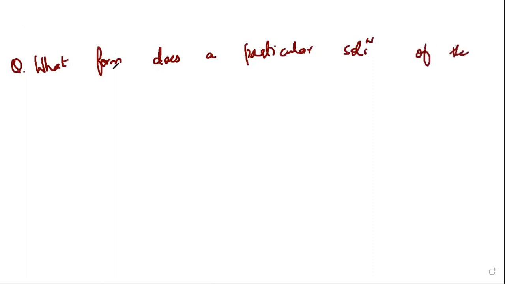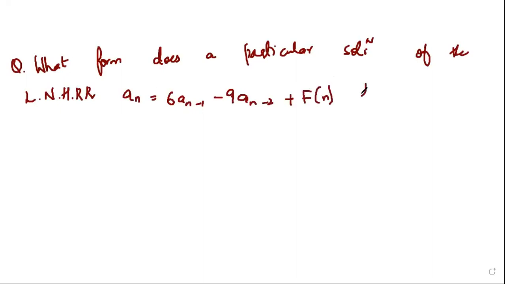Question is, what form does a particular solution of the linear non-homogeneous recurrence relation an is equal to 6an minus 1 minus 9an minus 2 plus f of n have when, in this we have a few cases or a few sub problems.